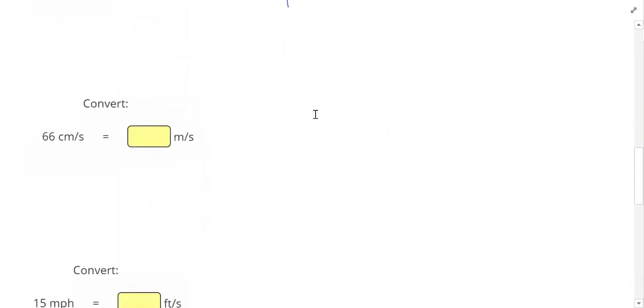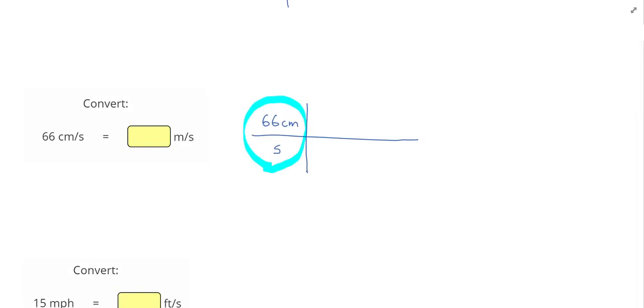Alright, next we're converting a speed into another speed. So in this case, my given is 66 centimeters, and I'm never going to write this slash right here when I'm doing a conversion. Instead of the slash, I'm just going to use the bottom half of the train tracks. So again, this is my given here, 66 centimeters per second, but that seconds is going to go on the bottom. Alright, I know in this problem, I need to change centimeters into meters, and I know the relationship is 100 centimeters equals 1 meter.